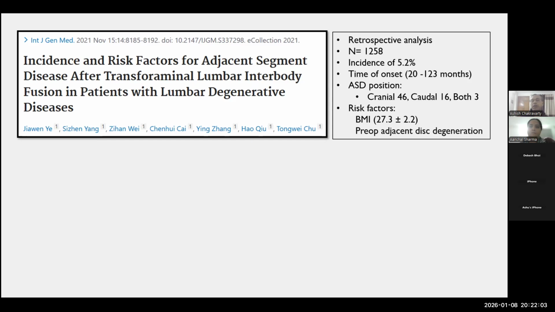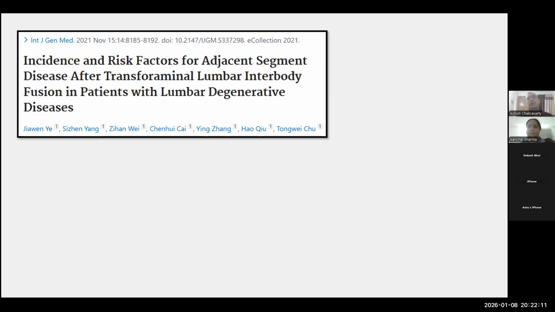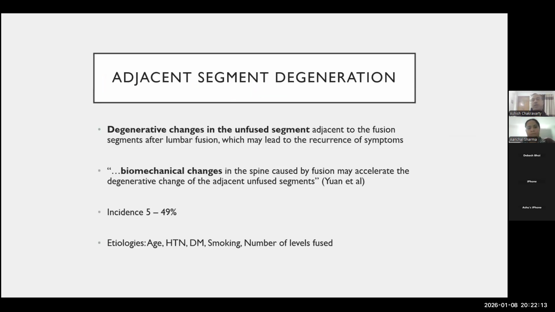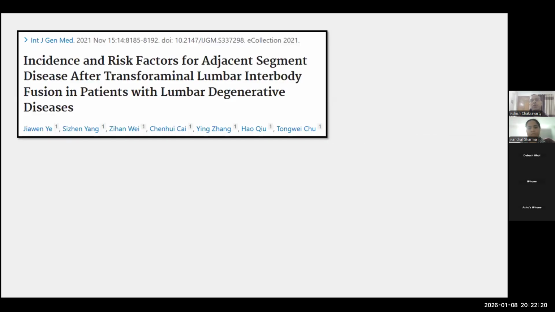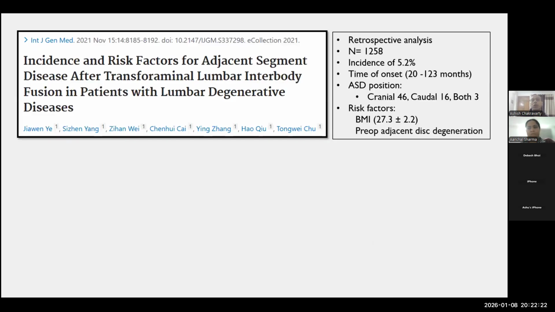Another risk factor that they found in their study was pre-op adjacent disc degeneration. The other etiologies that were described elsewhere in the literature, like age, hypertension, diabetes, smoking, and number of levels fused, did not have anything to correlate in their study. And most of the time, they found that it was a single level, as I had in my case as well.